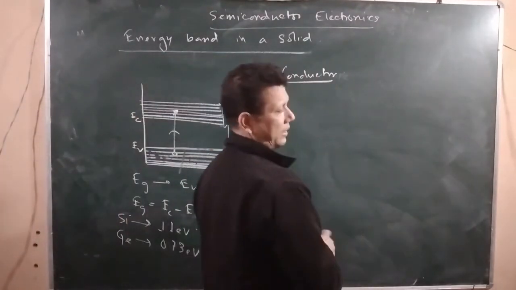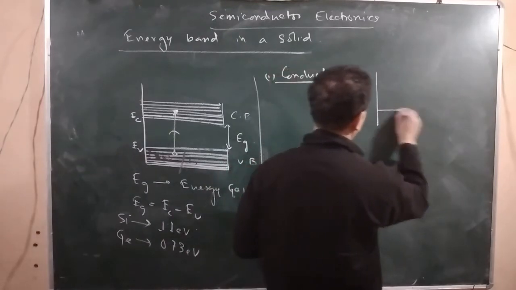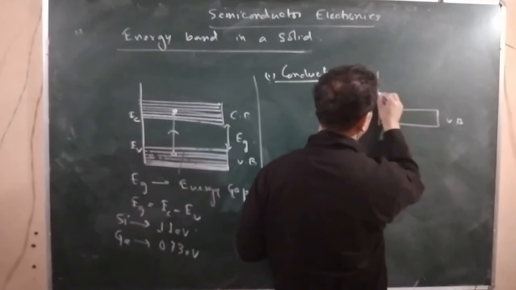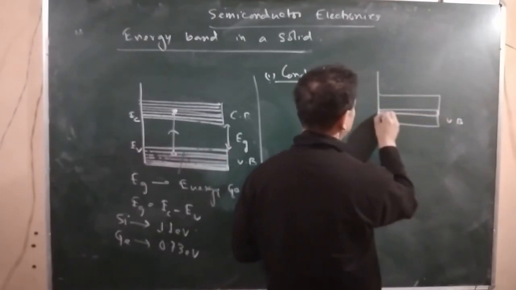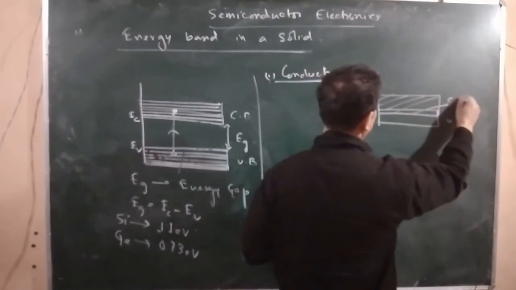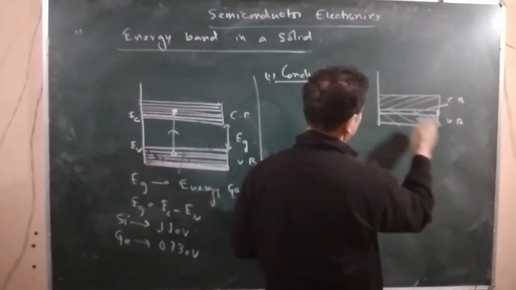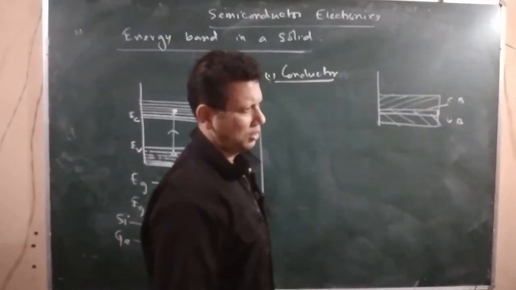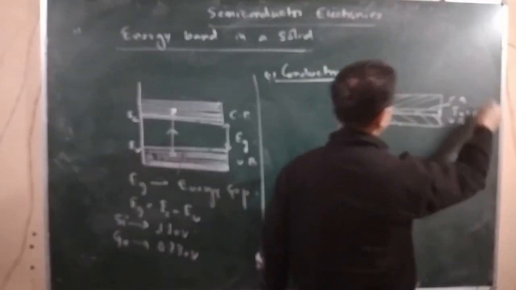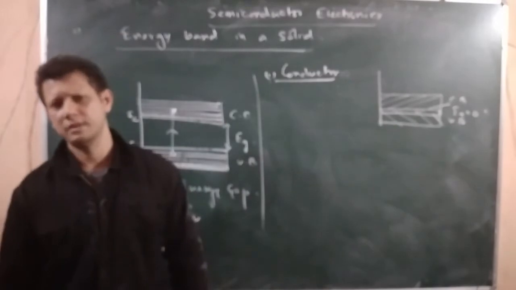no gap. The gap is almost zero, or in other words you can say that the valence band and the conduction band are partially overlapping. Suppose this is the conduction band and this is the valence band, and some portion overlaps. Ultimately there is no gap, so the energy gap is almost zero.